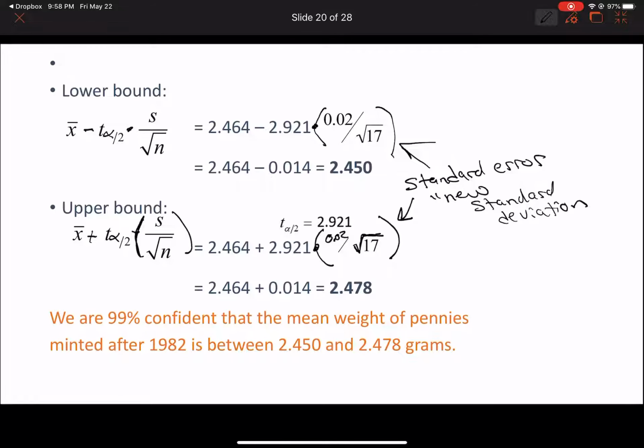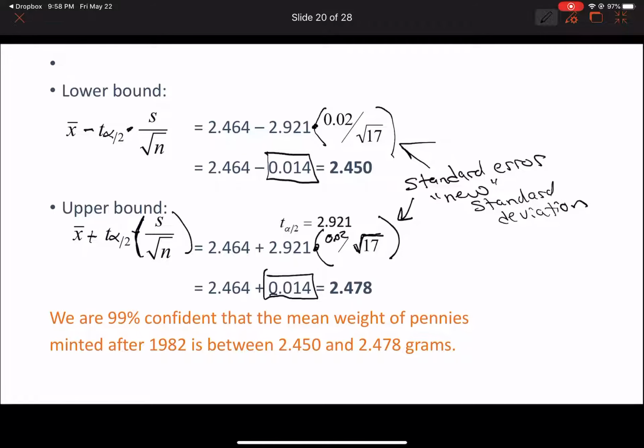Remember, I called that the new standard deviation in 8.1. So we end up with our margin of error, the 0.02 divided by square root of 17 times 2.921, is 0.014. So we add that and subtract that from our sample mean, and then we get our interval.